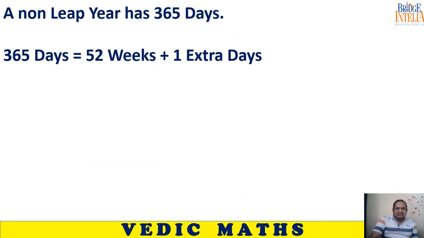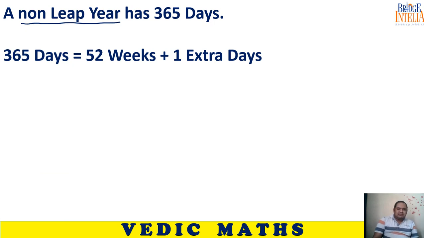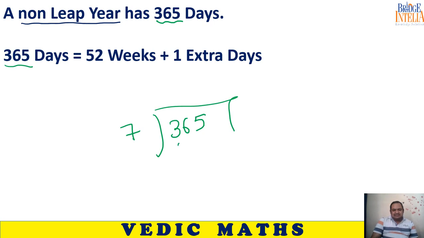Now let's understand one more thing. A non-leap year means a normal year. A non-leap year, or you can call it a normal year, has 365 days. If you divide 365 by 7, you will soon realize that this comes out to be 52 and the remainder is 1.